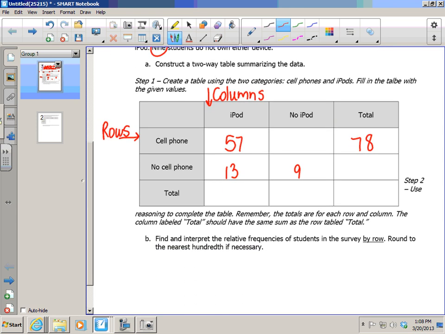So now we need to fill in the blanks. If we have 78 total with a cell phone, 57 with the iPod, how many are left over to have no iPod but they have a cell phone?